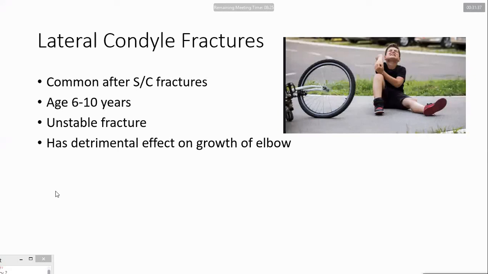Now coming to lateral condyle, it's quite a small topic. This is the second most common fracture after supracondylar fracture. Supracondylar being the commonest, lateral condyle fractures are the second most common fractures of childhood in the upper extremity. Again, the age group is almost the same, about 6 to 10 years, where the children are quite active and outdoors.